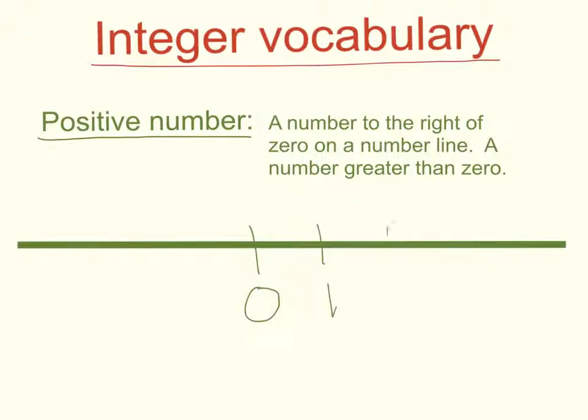So these are positive numbers, the ones we're used to using, 1, 2, 3. Actually, let me erase that. 0 is not positive. It's kind of neutral zone, okay? So anything to the right here is positive.